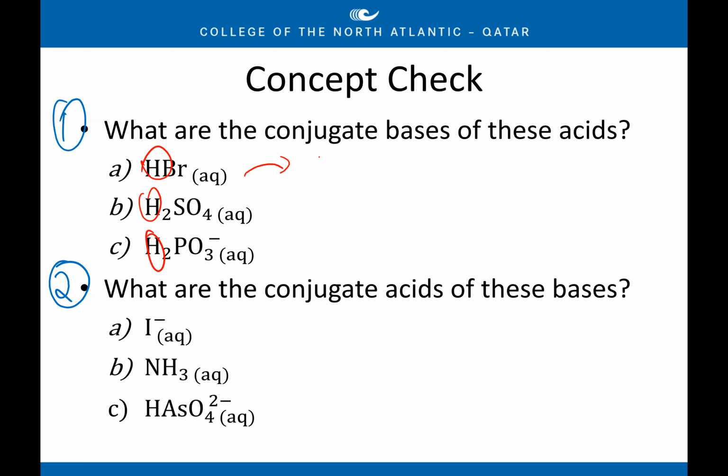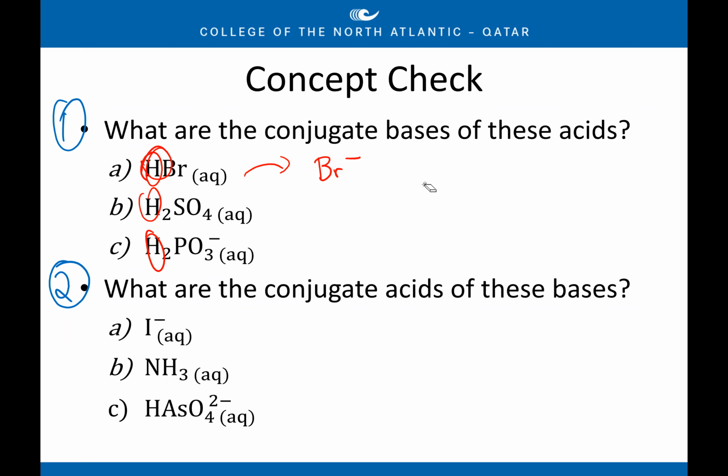So the idea is, if this hydrogen gets donated, the bromine then becomes minus. You can write aqueous, but I don't care about the aqueous. I'm more concerned about the sign of the chemical.